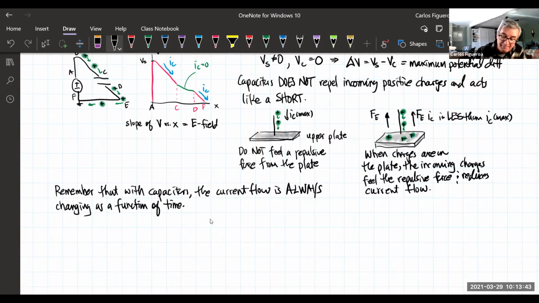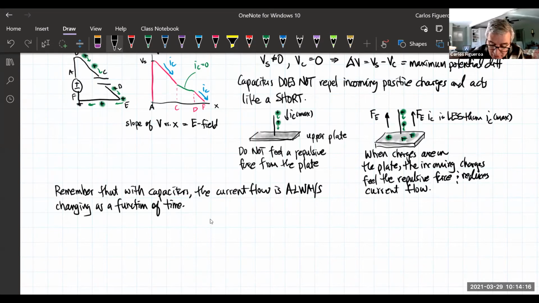So when I'm talking about current flow, I'm talking about an instant in time, and that current flow is going to get smaller and smaller, and the slopes of these things are going to get less. I will bring that up in a moment, but it's always changing.